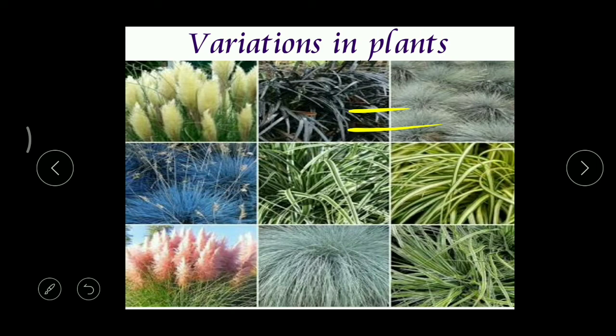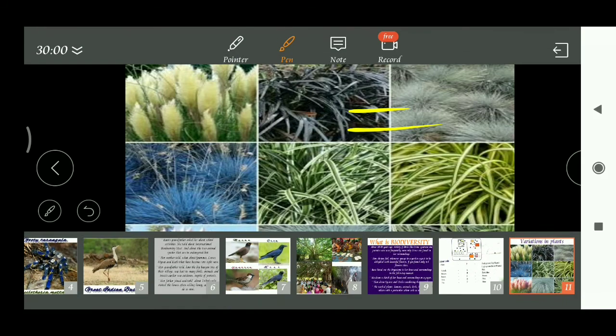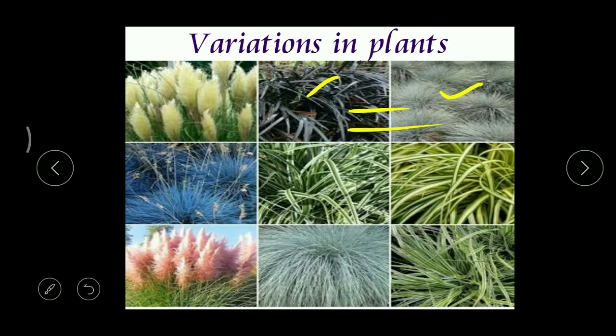Differences means, for example, when you take this one and this one, we can find the size is different, and even the color is also different. In the same way we need to find out similarities also. Similarities means same characters.